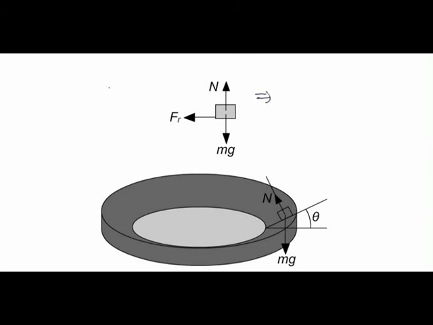Here this is our example of a rough plane track, that is, the track is not banked, and this is the example of a smooth plane track.